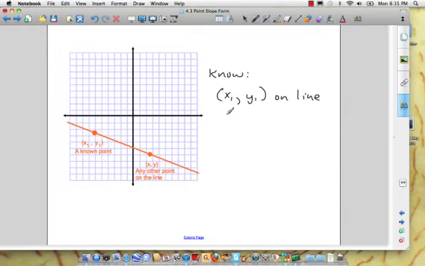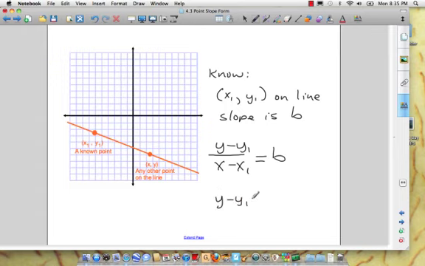And suppose we're told that the slope is b. Well, I'm going to do something very similar to what I did on the previous screen. I'm going to say y minus y1 over x minus x1, which is how I would find the slope from this point to this point. Then I multiply both sides by x minus x1, and I get this.